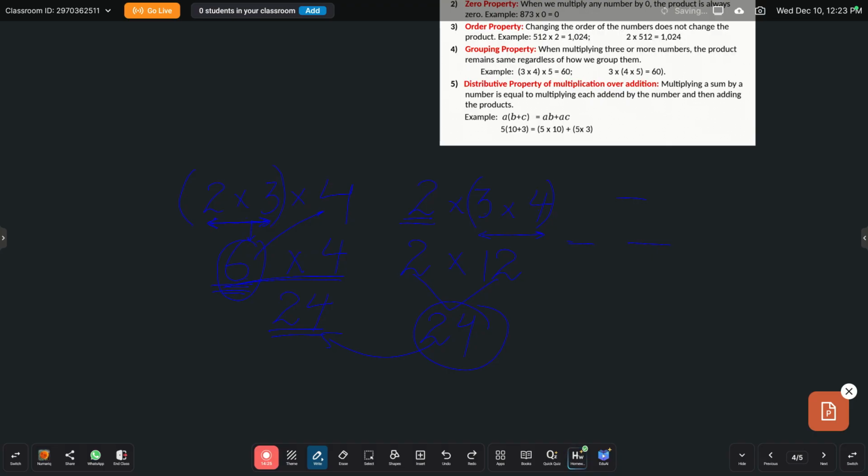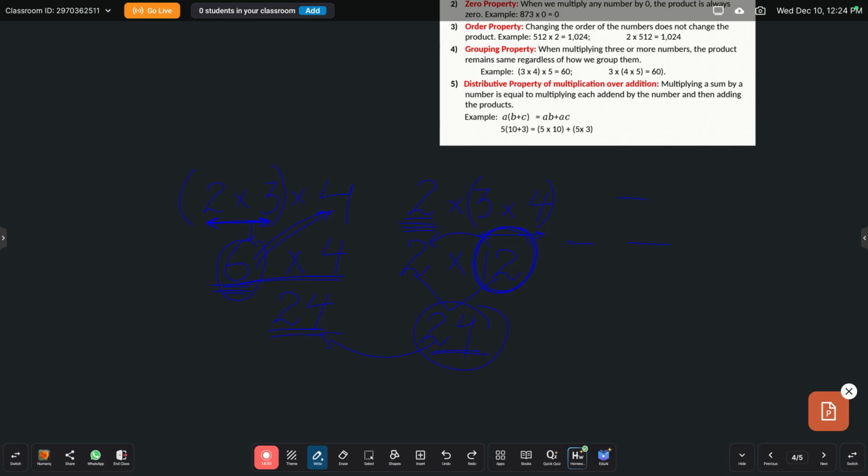So, in the first case, we multiplied the first 2 numbers, and then the product of these 2 numbers was multiplied with the third number. In our second case, I kept my first number as it is, and then I multiplied the last 2 numbers first, and the product that I got, I multiplied with the first number.